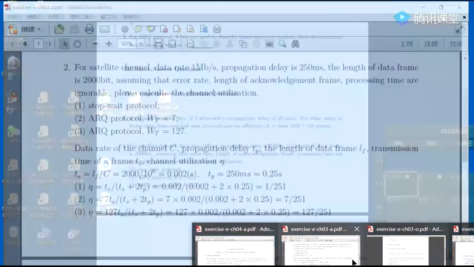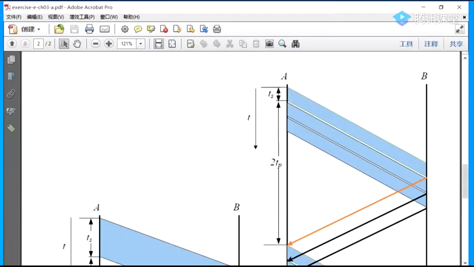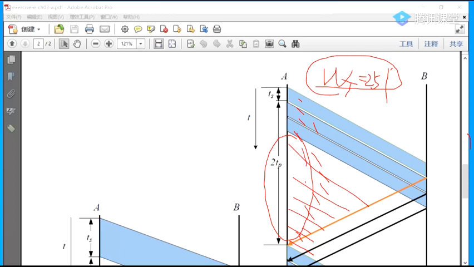If WT is 251, that means the frames occupy the full time of this term, the period of this term.